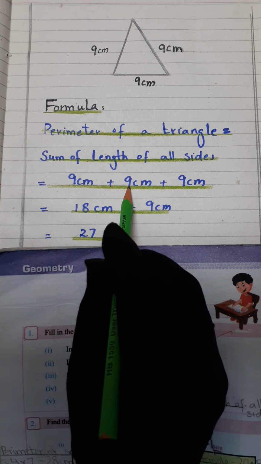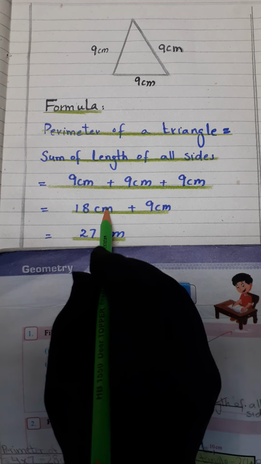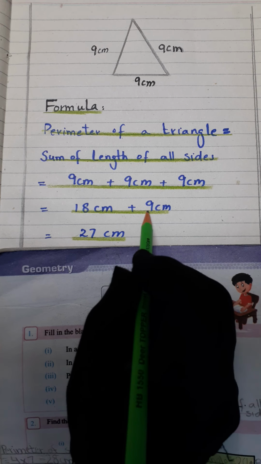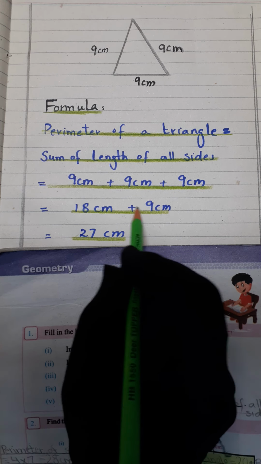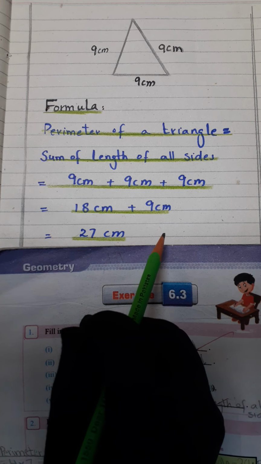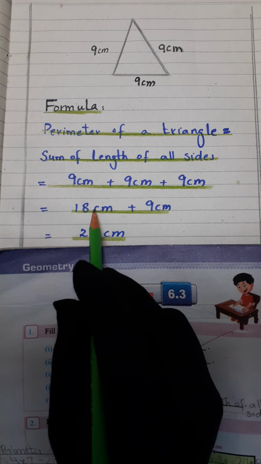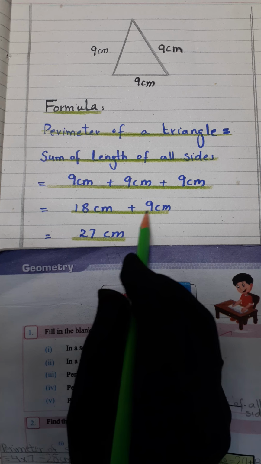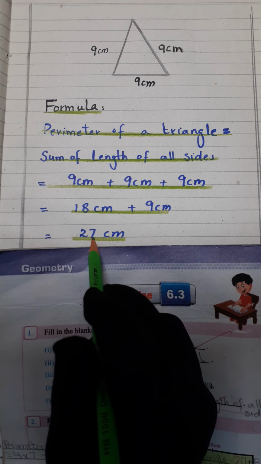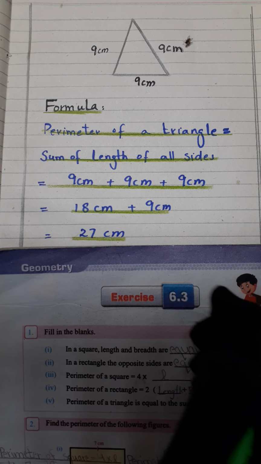So first you add 9 and 9, you get answer 18. Then you write this one 9, the remaining one. Clear? Then you add 18 plus 9, you get answer 27. Clear?